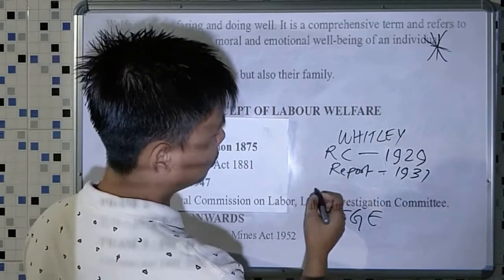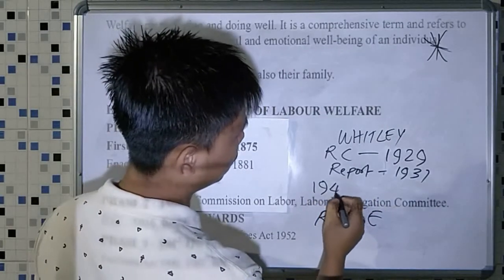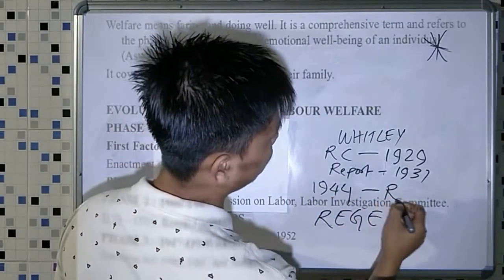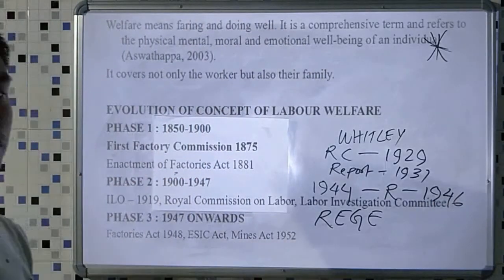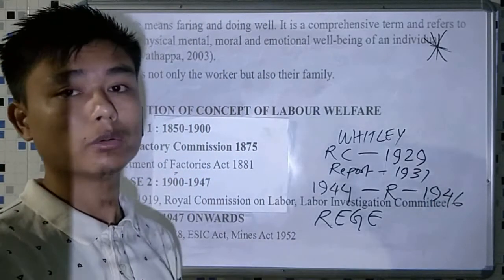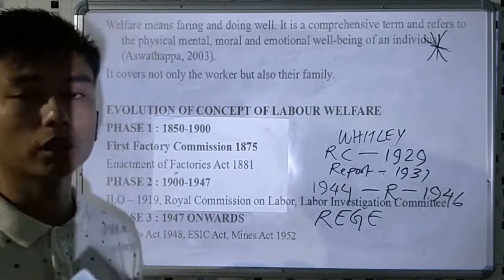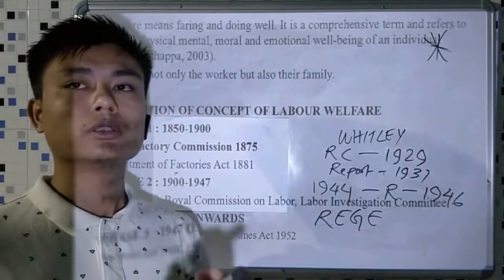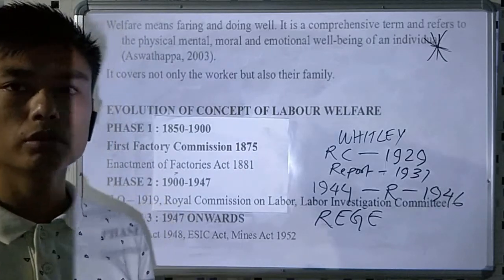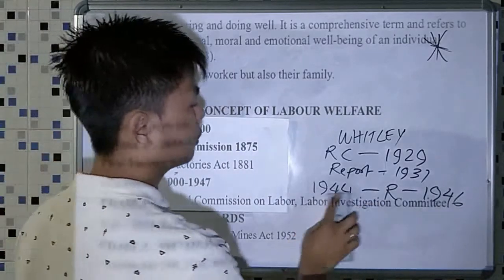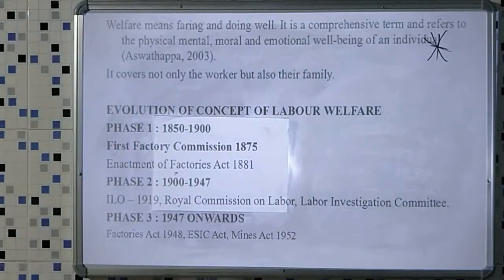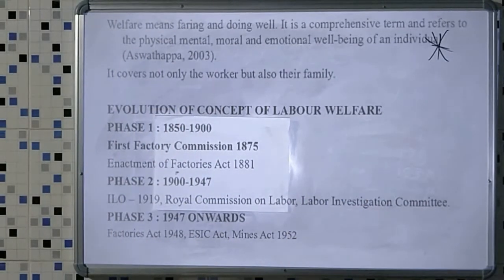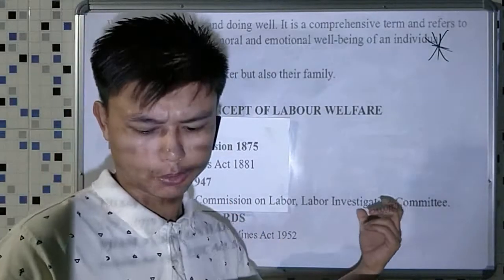It was formed in 1944 and submitted its report in 1946. Then there is the National Commission on Labour, which we have spoken about. I talked last time about their reports, right? So from an exam point of view, these two are very important, right?